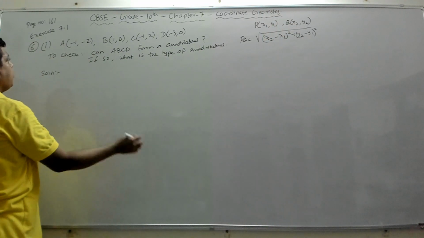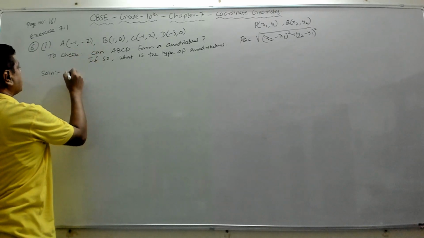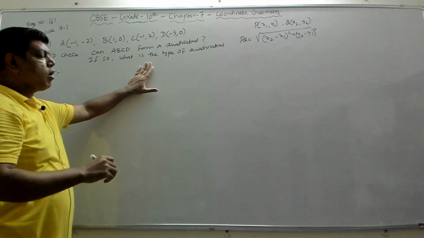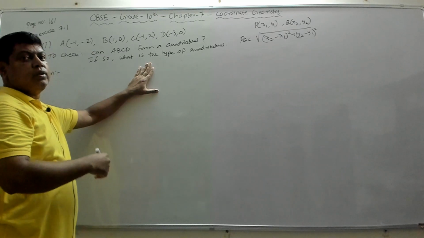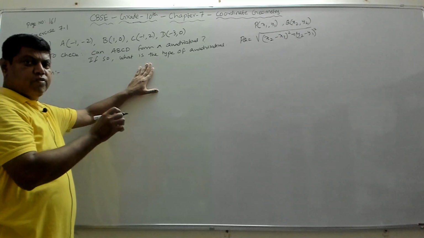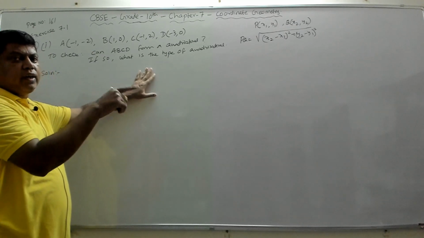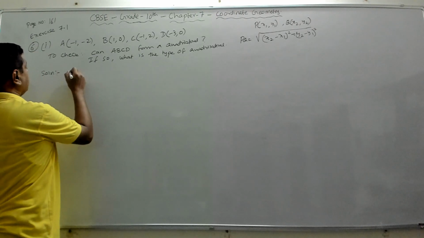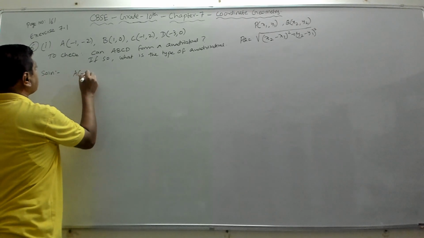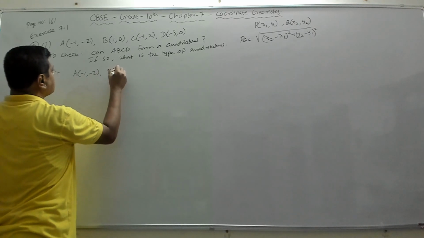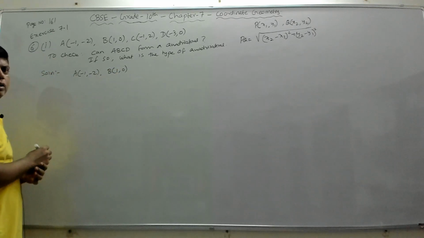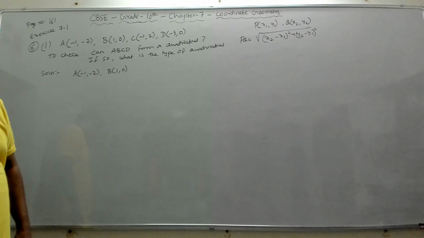Now let's find the distance between A and B. Whenever we need to check whether it's a quadrilateral, and what type of quadrilateral, let's find the length of AB, BC, all the sides. So let's take A as (minus 1, minus 2) and B as (1, 0).